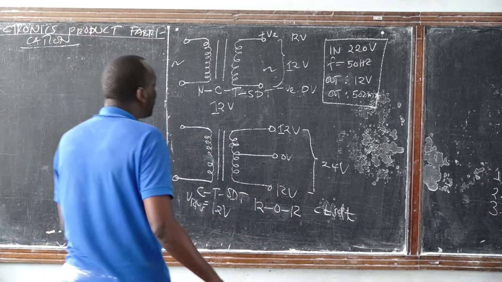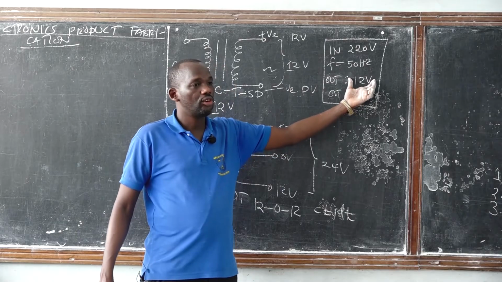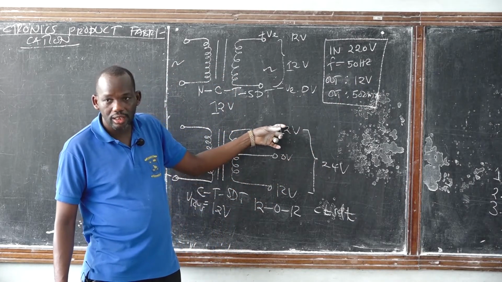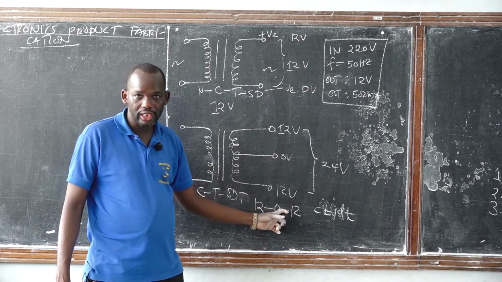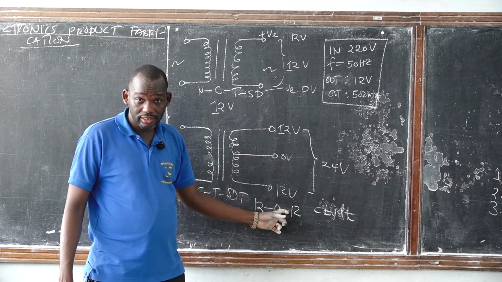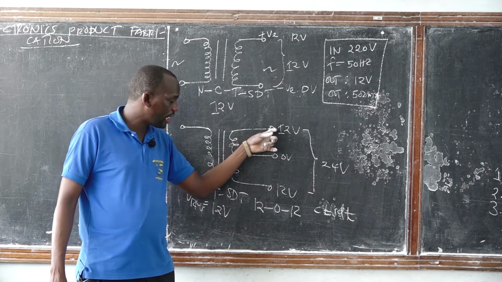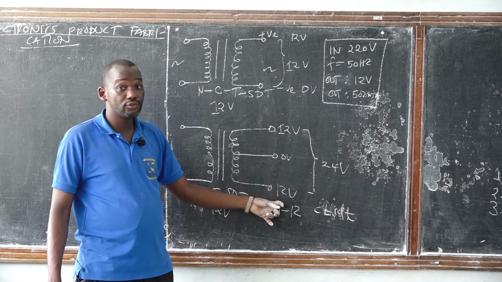But the 12 volt written on the top of the transformer is just the voltage from here to here, or from here to here. But if you measure the output voltage between this terminal and this terminal, it's 24.